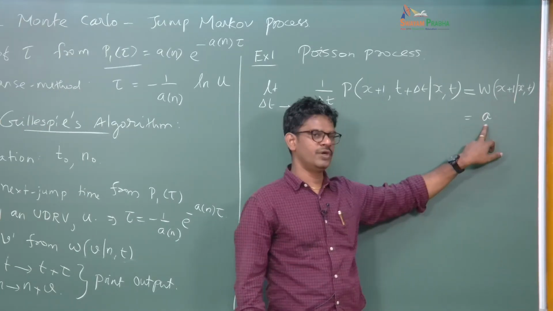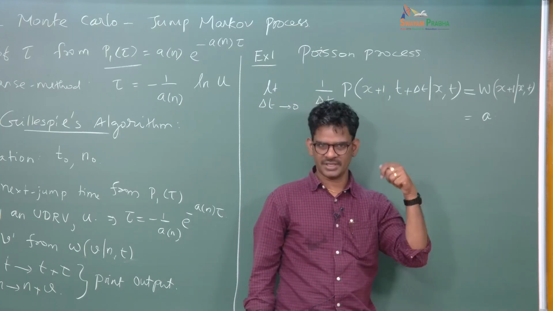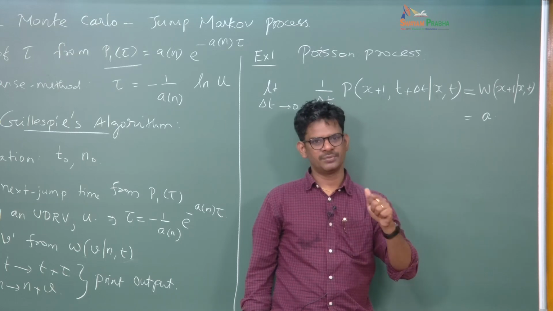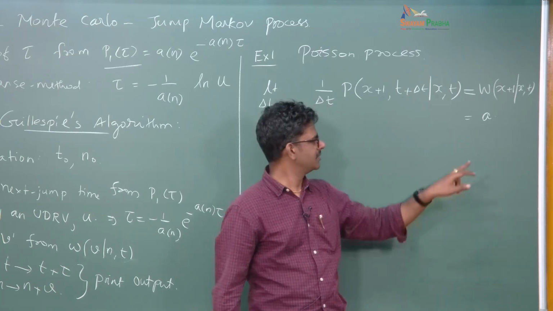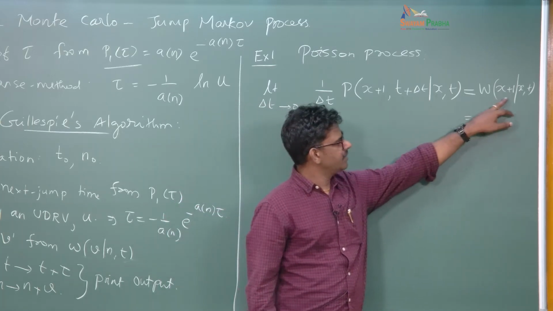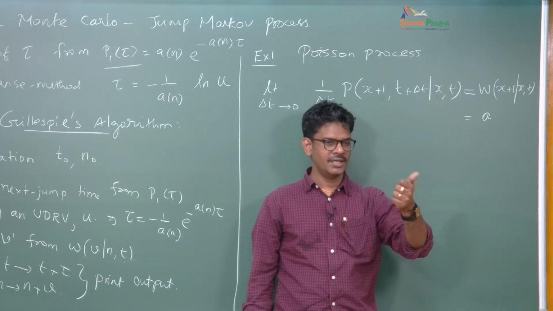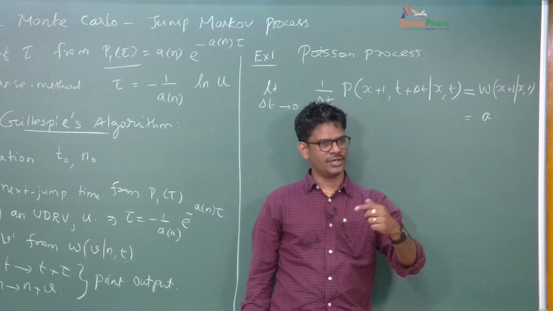Now we know in the Poisson process that is a constant rate. It doesn't depend on the current position. So there is a finite rate at which the particle is jumping forward, and that rate is a. Here you can see that it can only move forward, and only by 1 unit length. It cannot go 2 unit length, it cannot go 3 unit length.